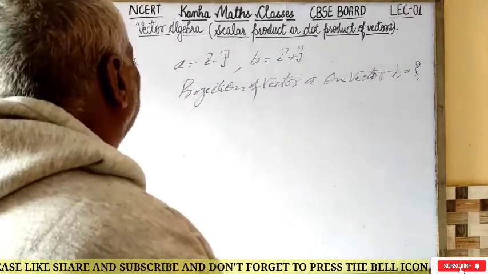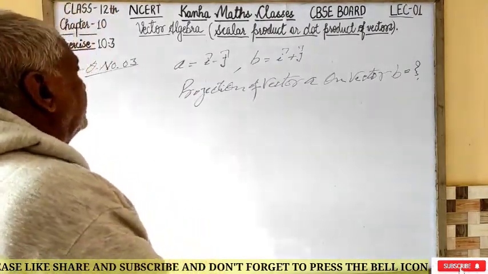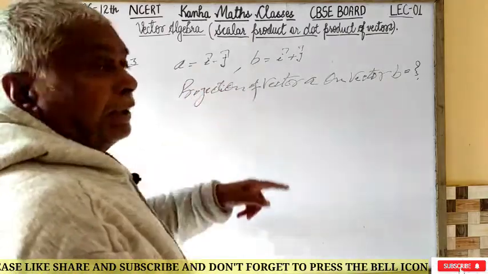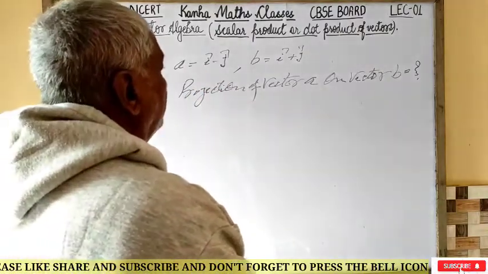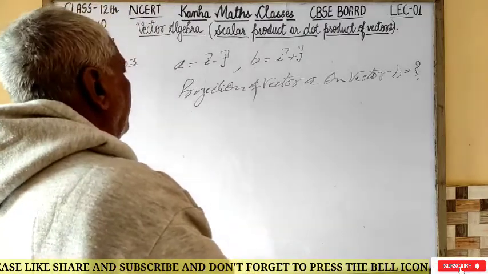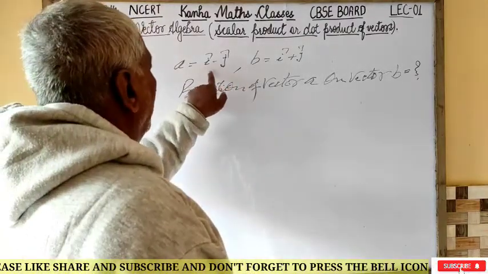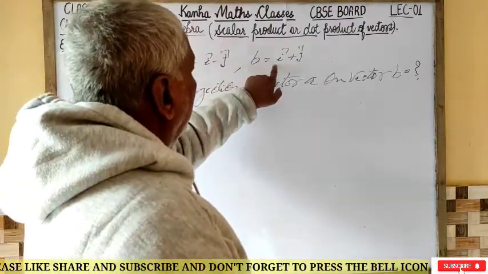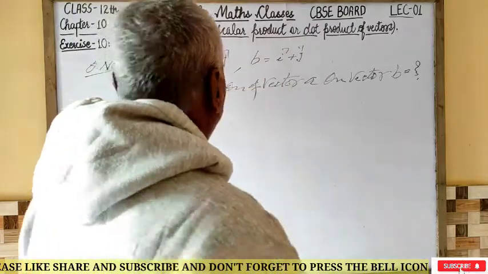Now in question number 10, it is given A is equal to i minus j, B is equal to i plus j, and now you have to find out the projection of vector A, that is i minus j, on vector B, that is i plus j.